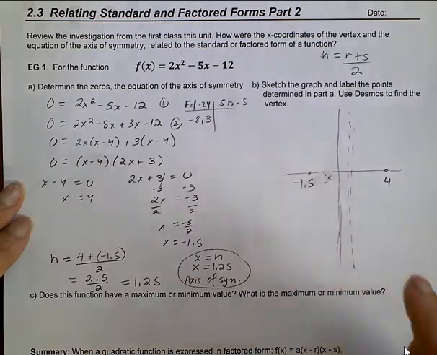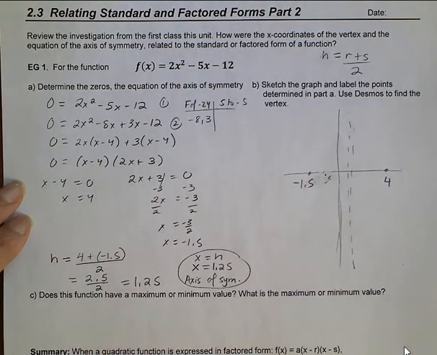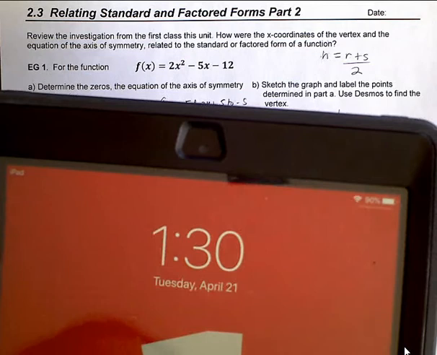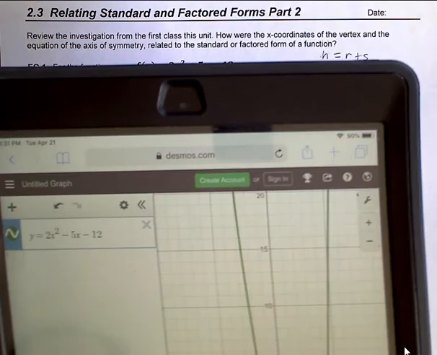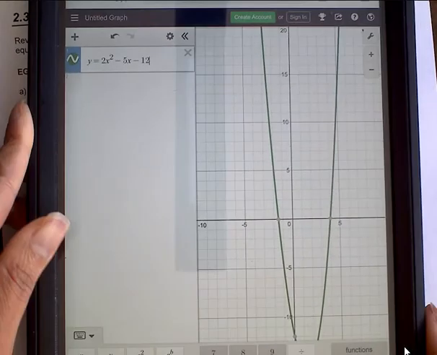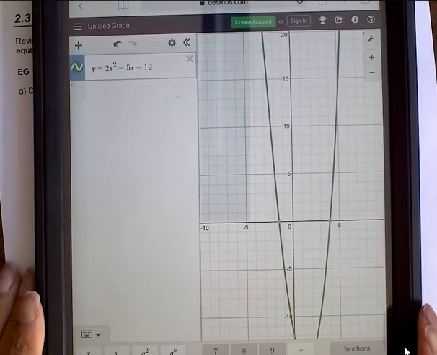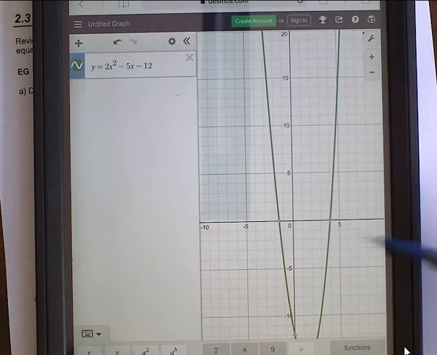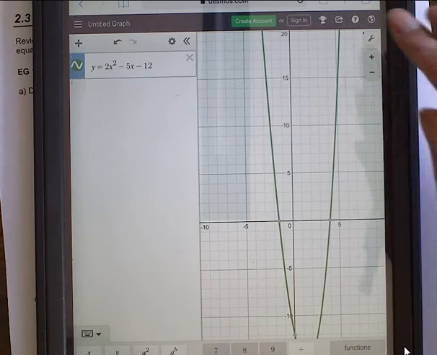So what I'm going to do is use Desmos to figure out the vertex. I'm going to use my graph. Okay, so I typed out my equation in Desmos, and I'm looking for that y-intercept, or sorry, not the y-intercept, I'm looking for the vertex. And I can't see it, so I want to adjust my viewing window.